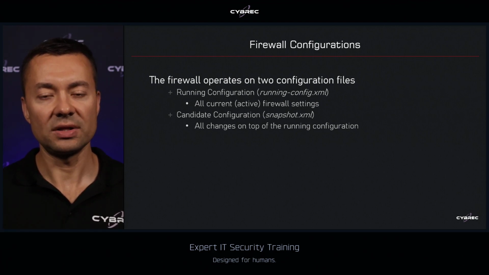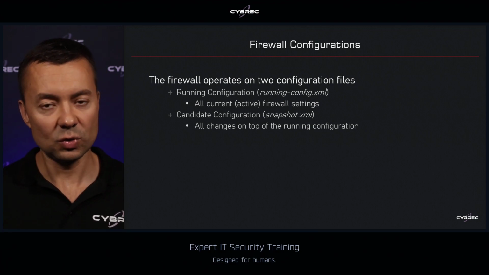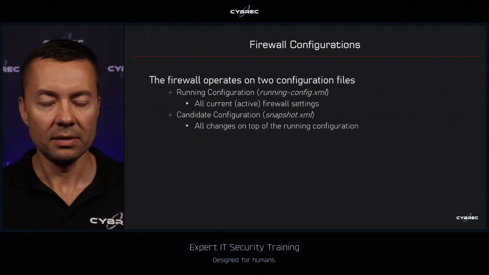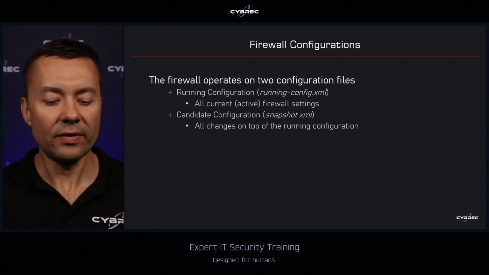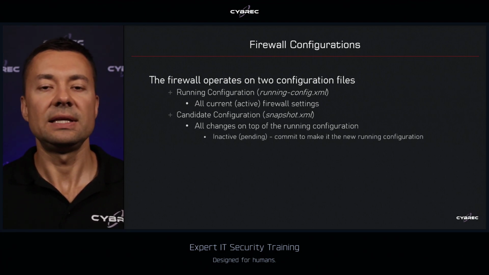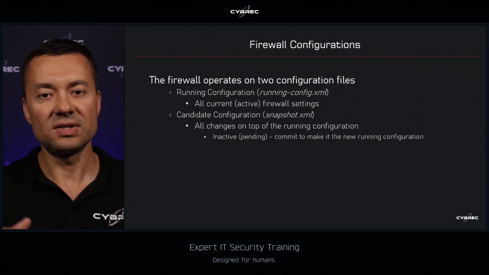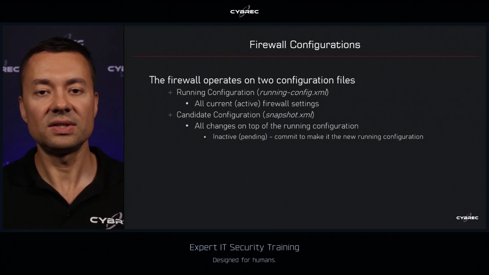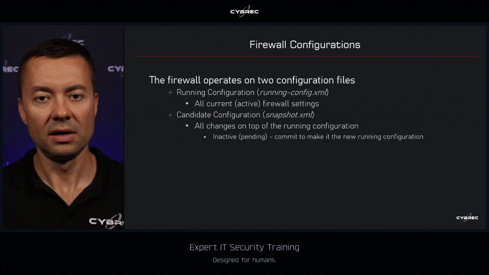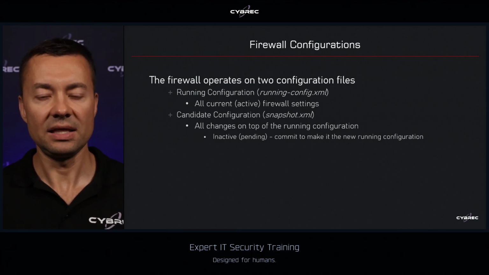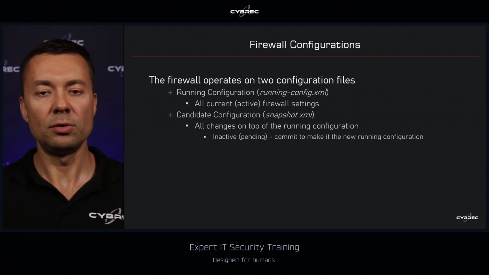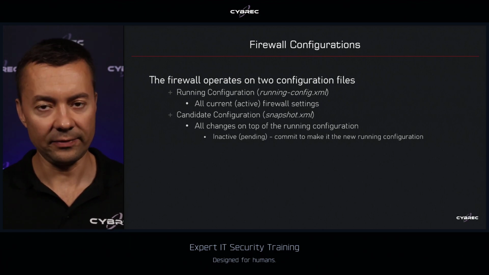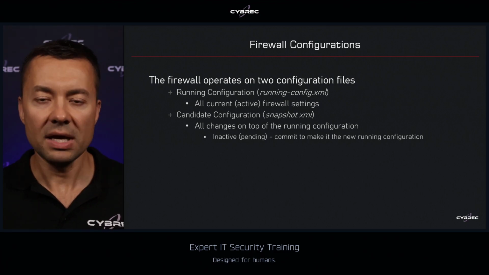This configuration is gonna be added to the candidate configuration, which is once again in the memory. And this candidate configuration is inactive. Okay, so it means that it sits on top of the running config, but it is not in effect. In order to make the changes active so they take effect, we will have to commit them.